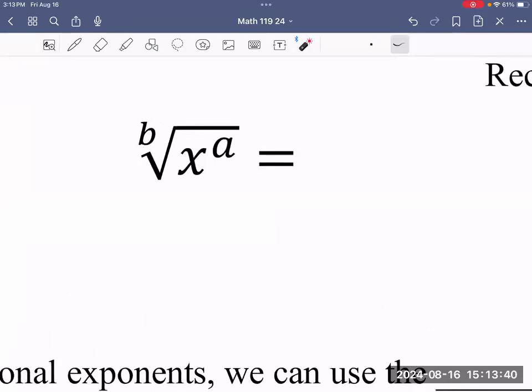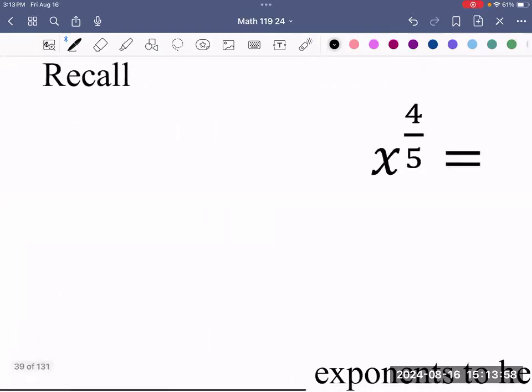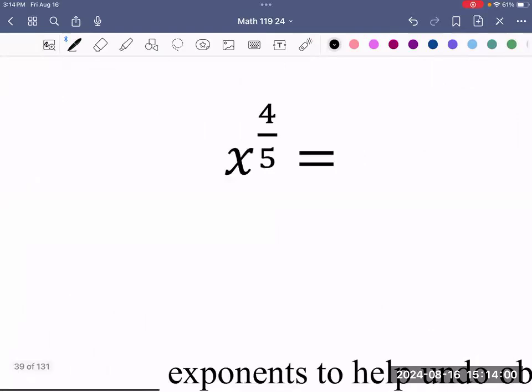Recall that back in chapter 1.2, we learned how to rewrite these expressions with a fractional exponent. So how would you rewrite this particular one? Well, you have x to the a over b. So that being said, can you try to write this one as a radical?